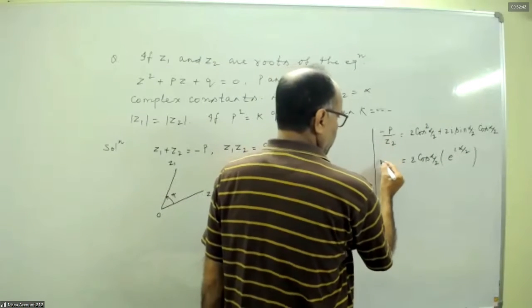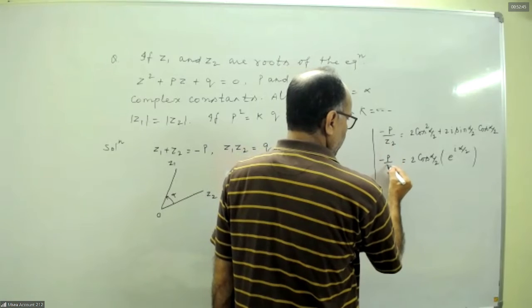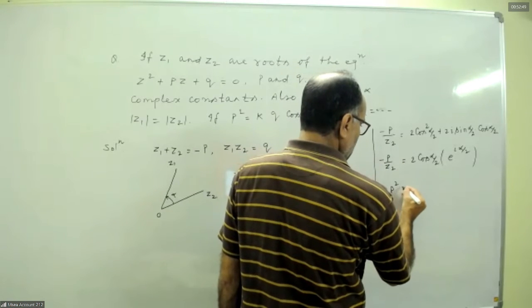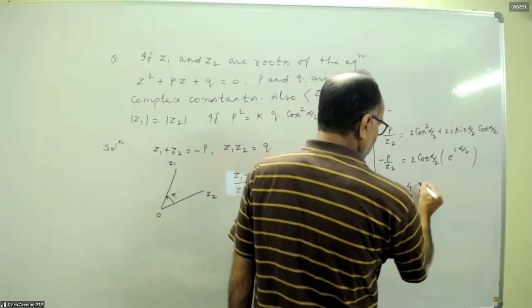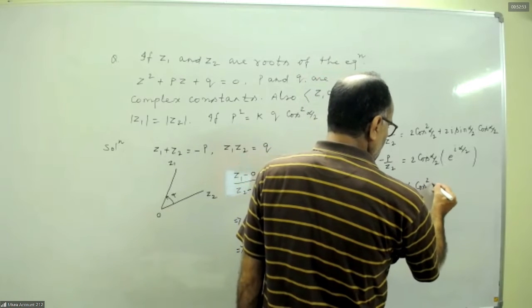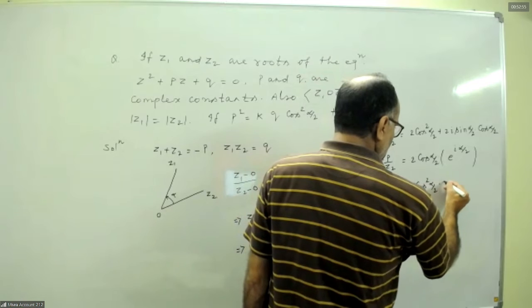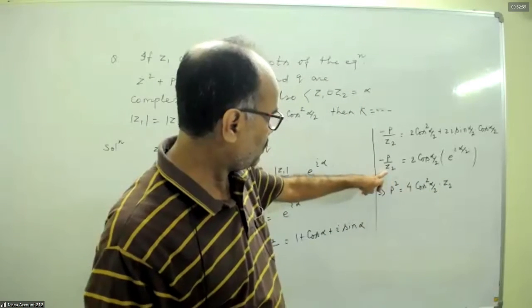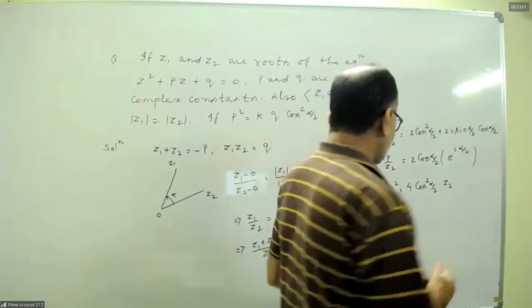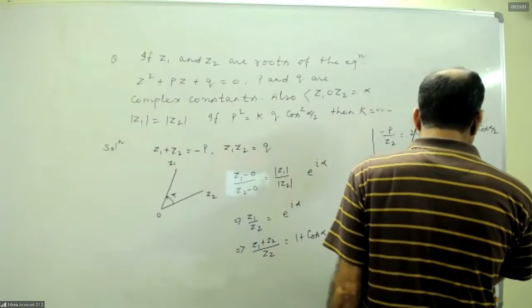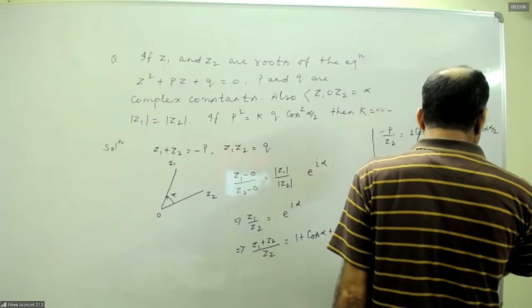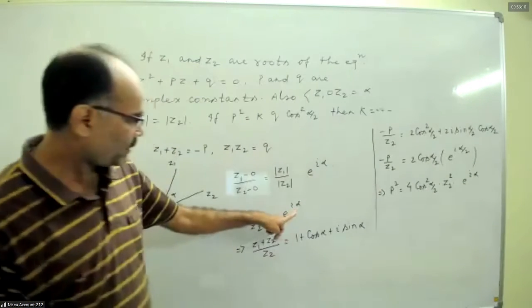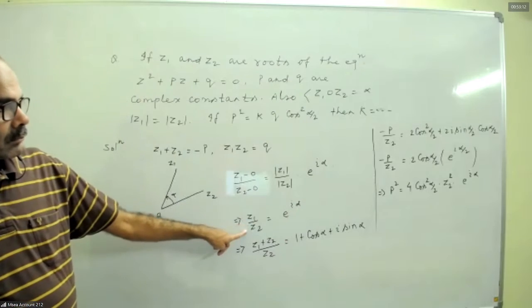Now squaring, P square equals 4 cos square alpha by 2 into Z2 square into e to the power I alpha. And e to the power I alpha is how much? Z1 by Z2.